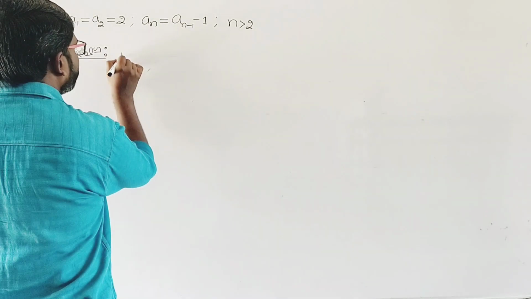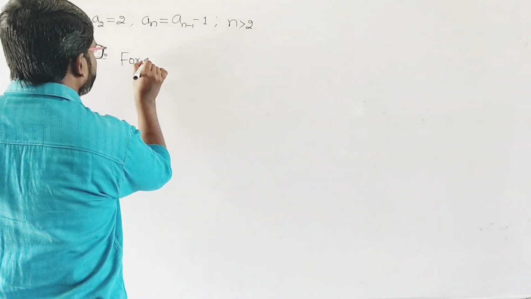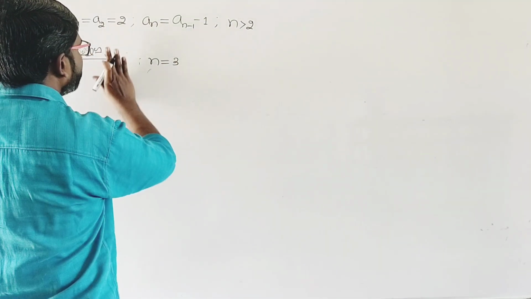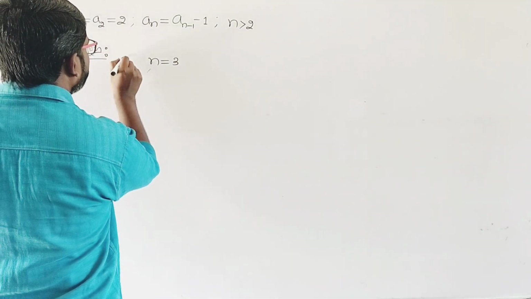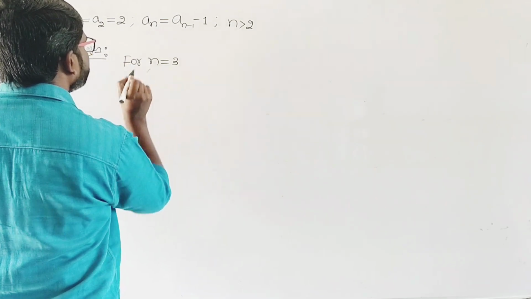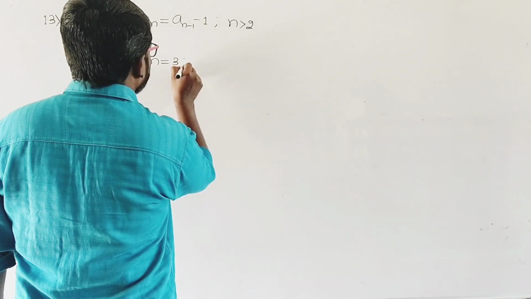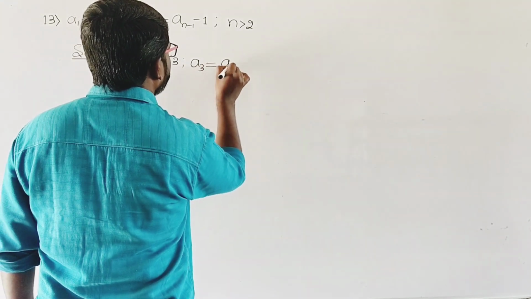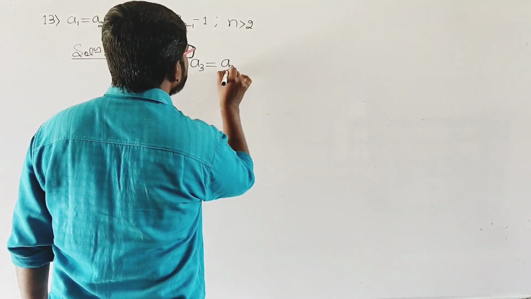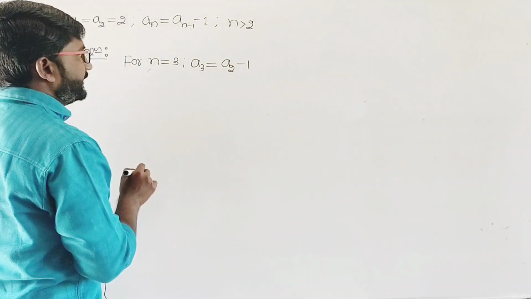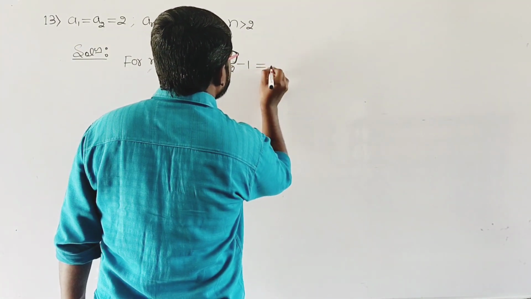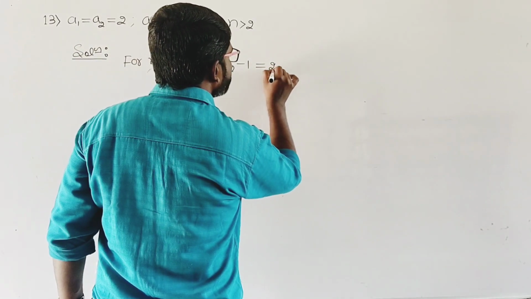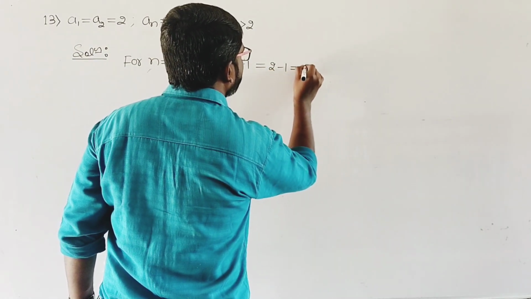So now for n equal to 3, what do we get? We get a3 which is equal to a 3 minus 1, it is 2, then minus 1. Then substitute here, what is a2? a2 is 2, 2 minus 1 is 1.